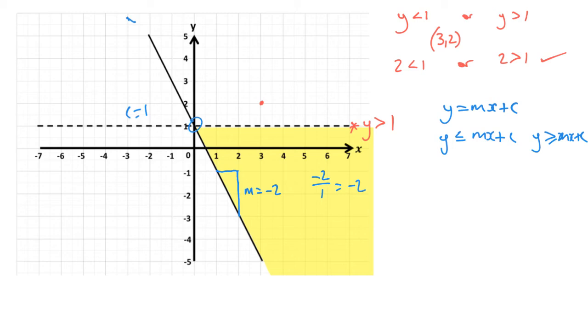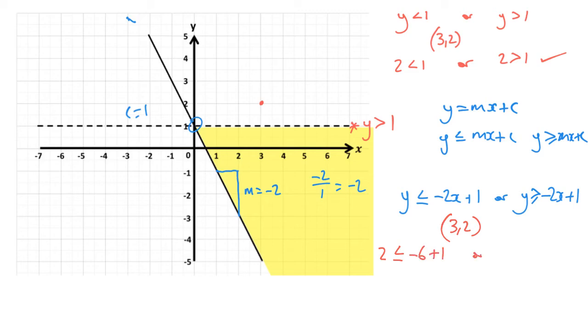So what that means is the equations are going to be y is less than or equal to minus 2x add 1, or y is more than or equal to minus 2x add 1. We can use the point we picked before, so the 3, 2, and substitute that in. The y value is 2, so we get 2 is less than or equal to minus 2 times 3, which is minus 6, plus 1.